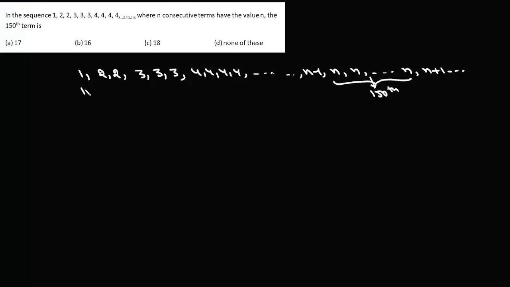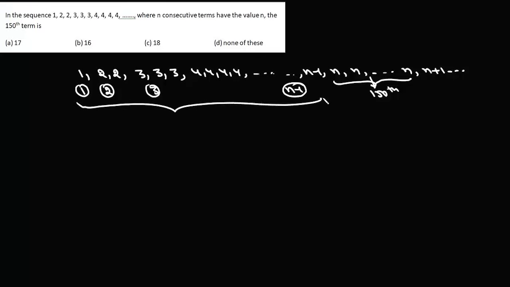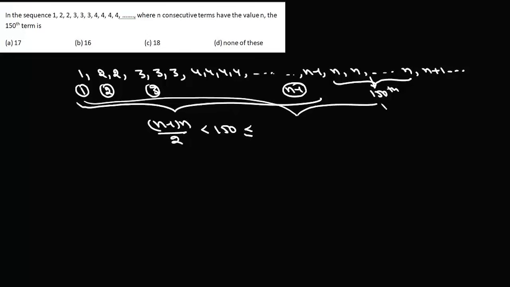Now here we have one term, here we have two terms, here we have three terms, and here we'll have n minus 1 terms. So the number of terms from 1 to n minus 1 will be simply n into n minus 1 by 2. So this 150 must be greater than n into n minus 1 by 2, and it should be less than or equal to the number of terms from 1 to n terms.